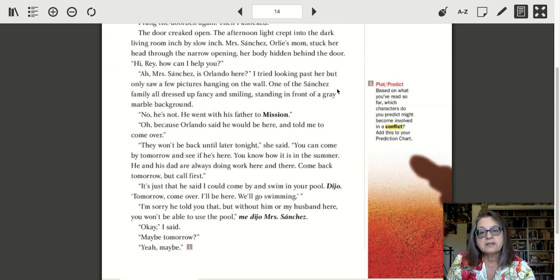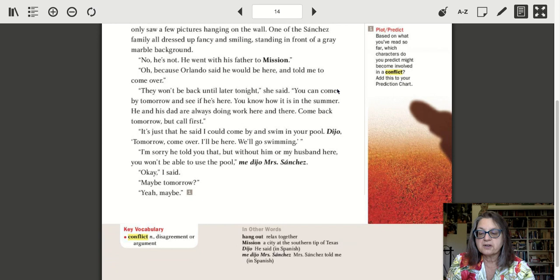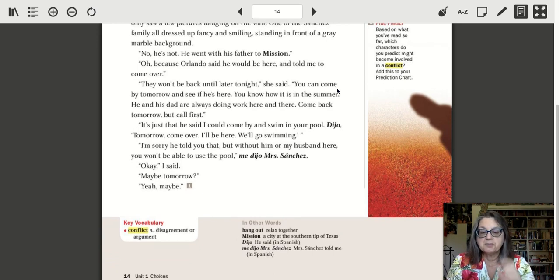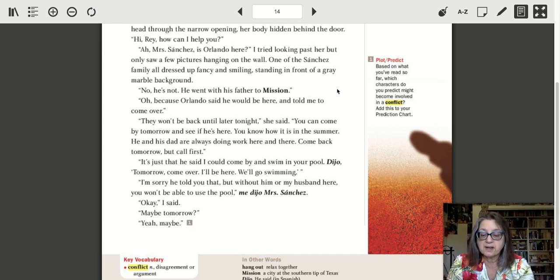Oh, because Orlando told me he would, because Orlando said he would be here, and he told me to come over. They won't be back until later tonight, she said. You can come by tomorrow and see if he's here. You know how it is in the summer. He and his dad are always doing work here and there. Come back tomorrow, but call first.